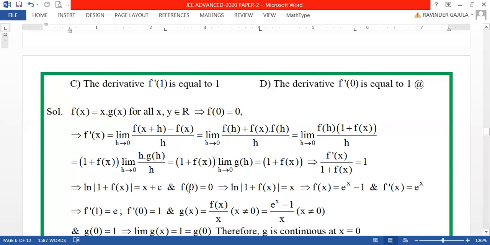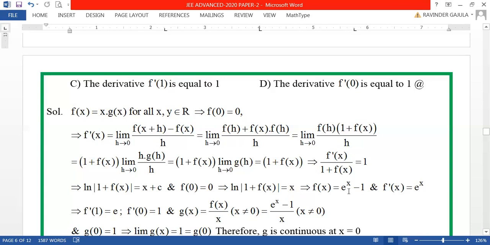When c equals 0, log mod of 1 plus f of x is x. Then f of x equals e power x minus 1. Removing log on the right side, actually it will be plus or minus.